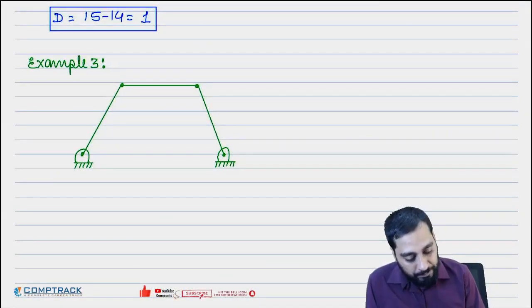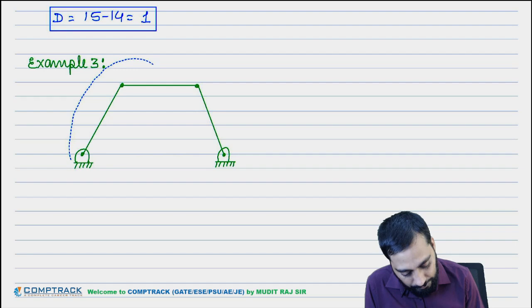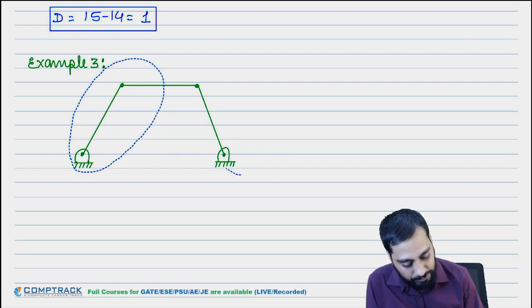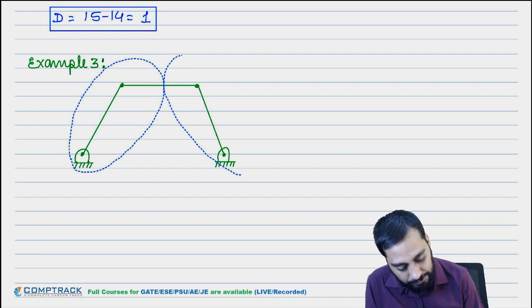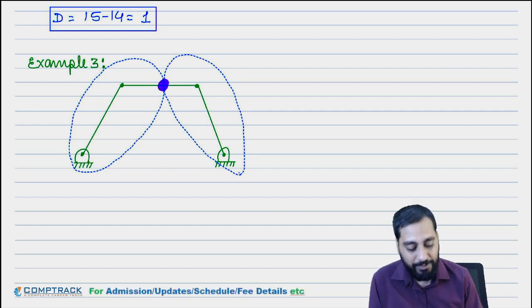Look, this will become a cam-like structure like this, and this cam is hinged here, and this will become a cam-like structure like this, and it is hinged here. So at this point they will form a cam pair.